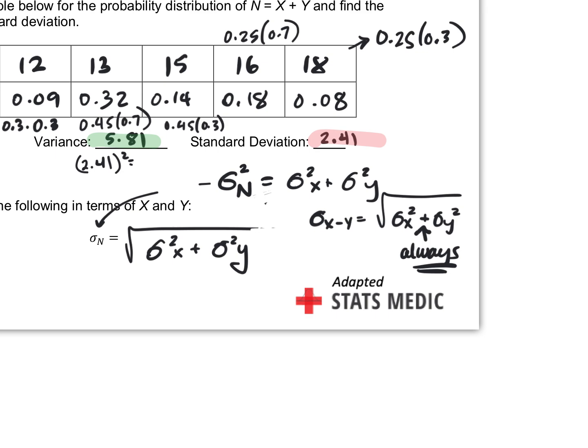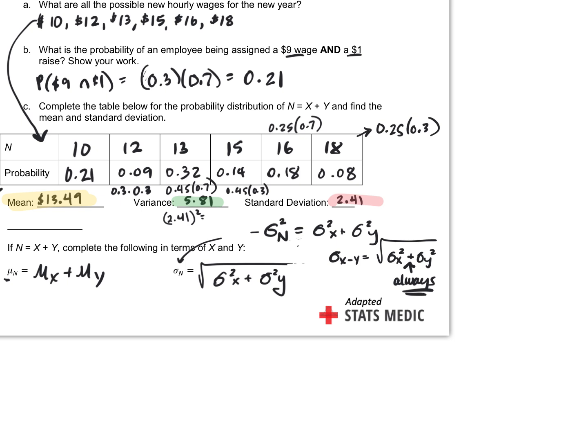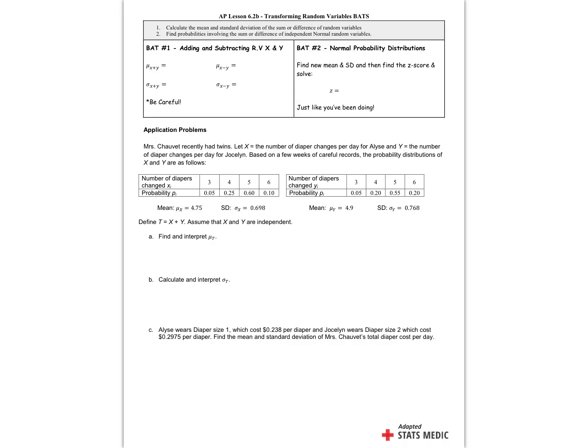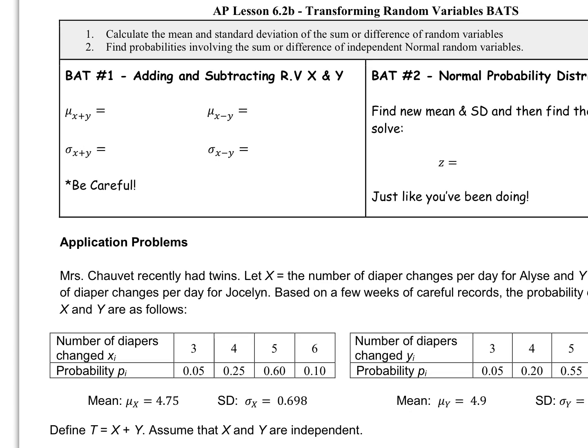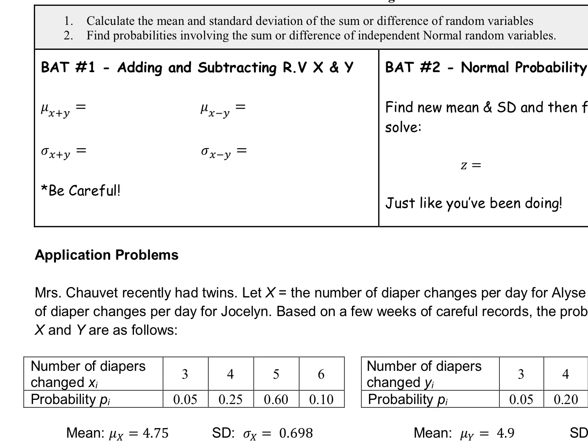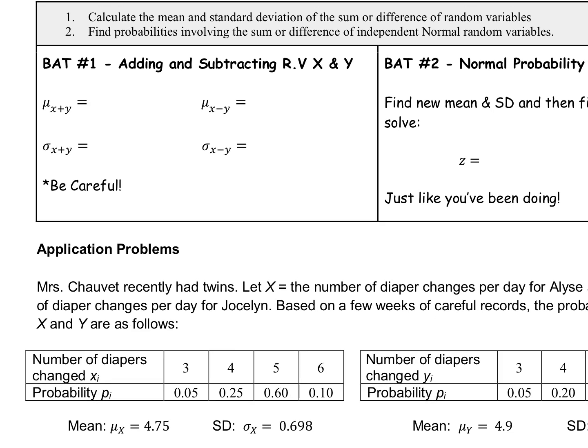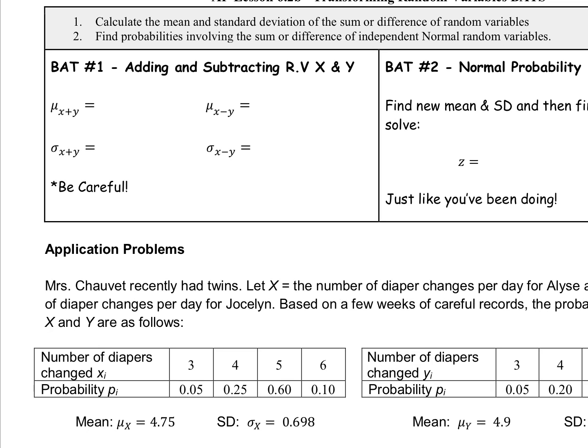All right? Now, let's see if we can apply this to something else. Y'all ready to switch? Adding and subtracting the random variables x and y. So we just saw that if we add two events, we can just add the means, right? So it'd be just the mean of x plus the mean of y. If the problem is asking me the difference of two events, then the means follow suit.